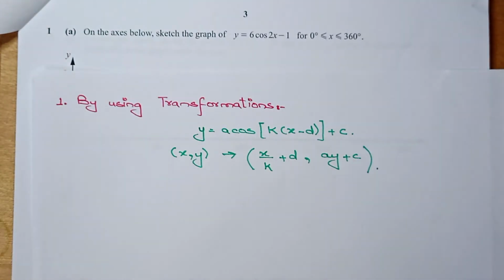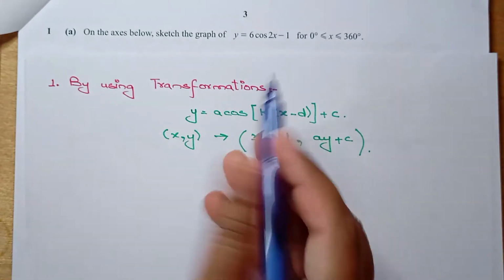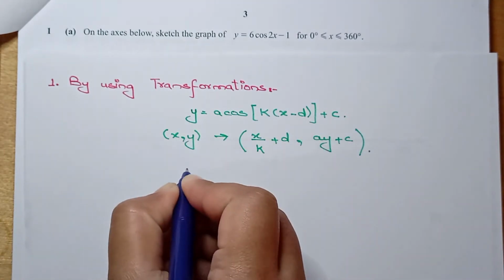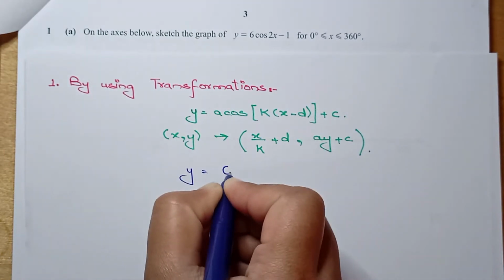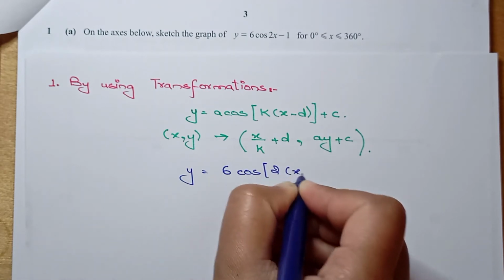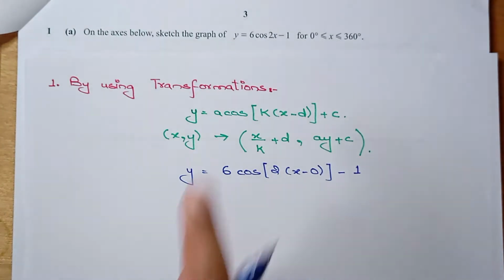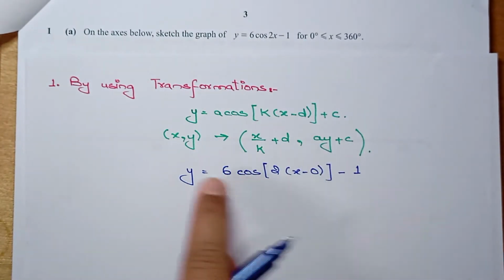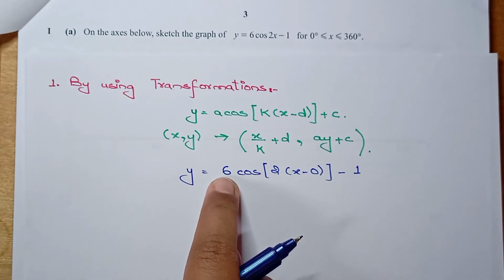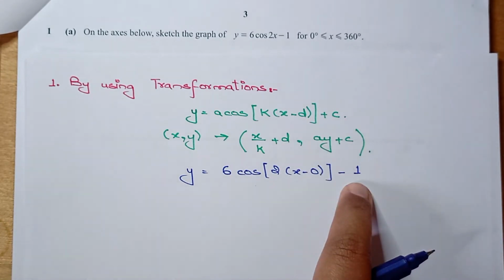Now let me compare my given equation with the transformed equation. We are given y equals 6 cos (2x minus 0) minus 1. So now my a is 6, k value is 2, d value is 0, and c value is minus 1.